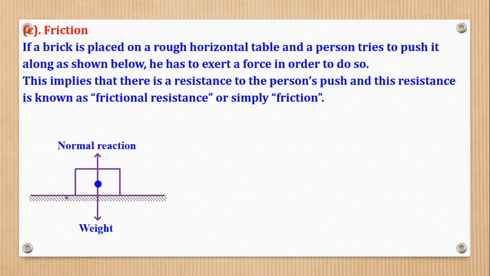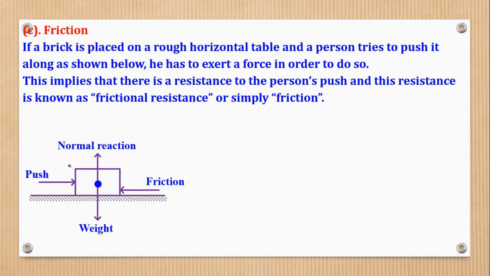And three, because the surface is rough, there should be opposition or resistance to a push. So if you have a push, there will be a resistance in the opposite direction. One thing you need to note is that this friction acts in a direction opposite to the motion of the particle.